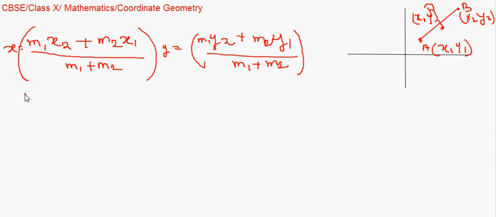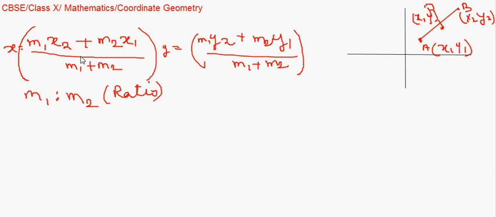So m1 to m2 is the ratio at which it is dividing the line. And x1, x2, y1, y2 are the coordinates of points A and B. This is the case when P is dividing it internally.